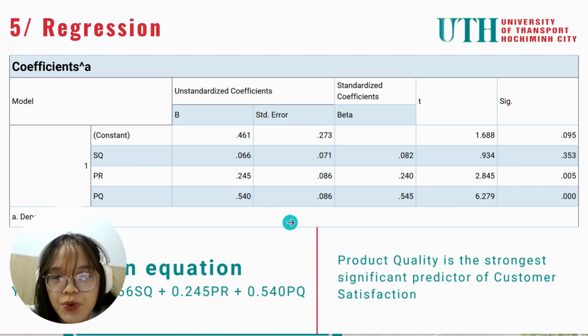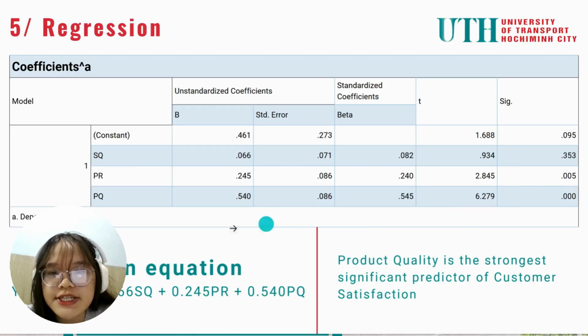Finally, the PQ has the unstandardized coefficient of 0.54 and the highest standardized beta at 0.545. Its significance level was below 0.001. So that's why the product quality is the strongest predictor of the customer satisfaction.